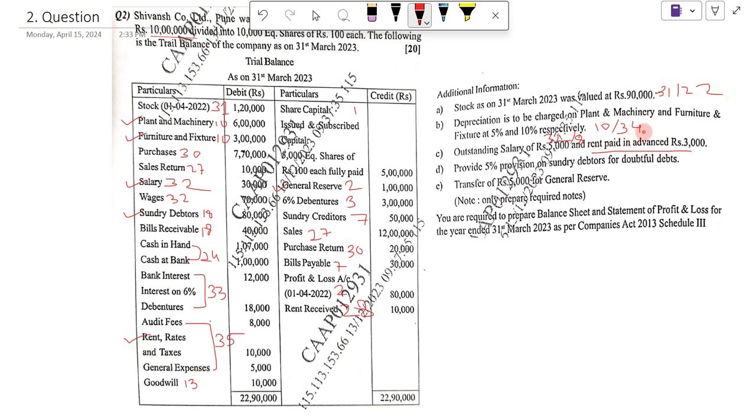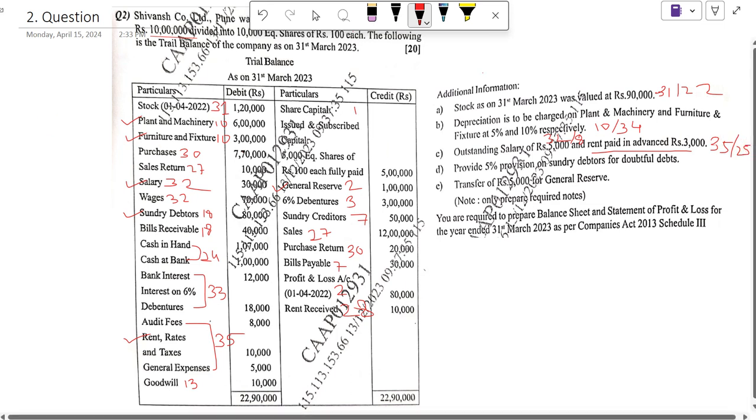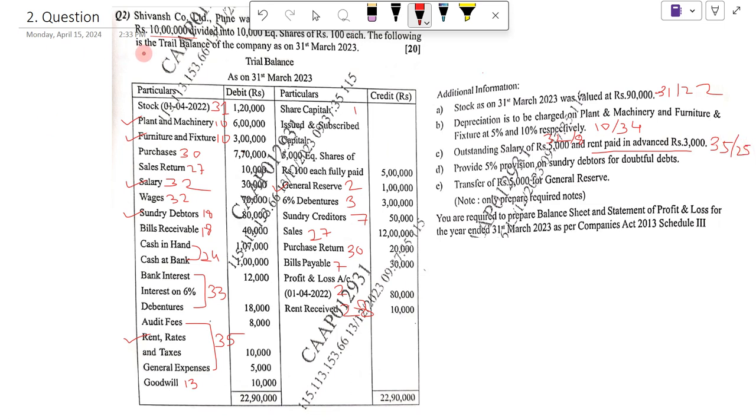Then rent paid in advance 3,000, first effect in note number 35, second effect in note number 25. The heading of note number 25 is short term loans and advances.